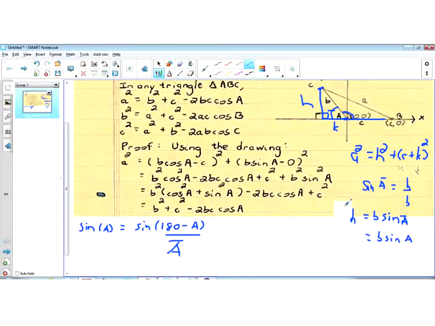Remember, the sine of an angle whose terminal side is in quadrant 2 is equal to the sine of its reference angle. So that's the H.